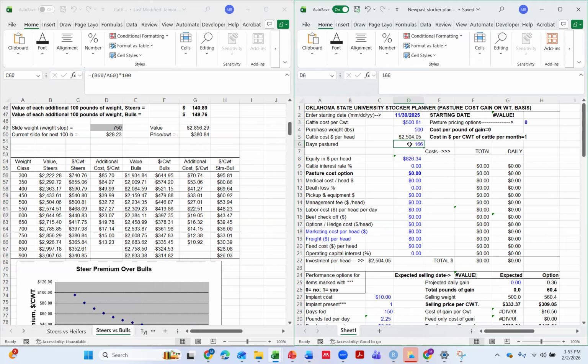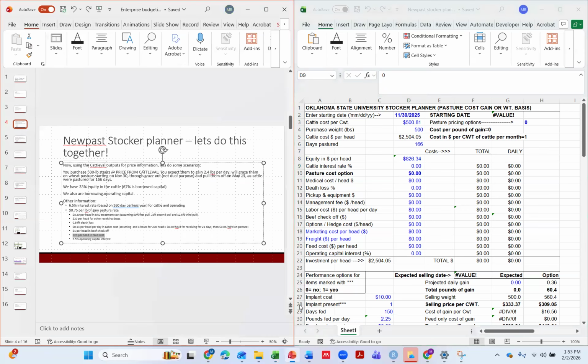We pastured it for 166 days. If I want to have 33% equity, I can go 0.33 times this cell. So that's $826.34 per head that I'm borrowing. Our interest rate was 6.5%.